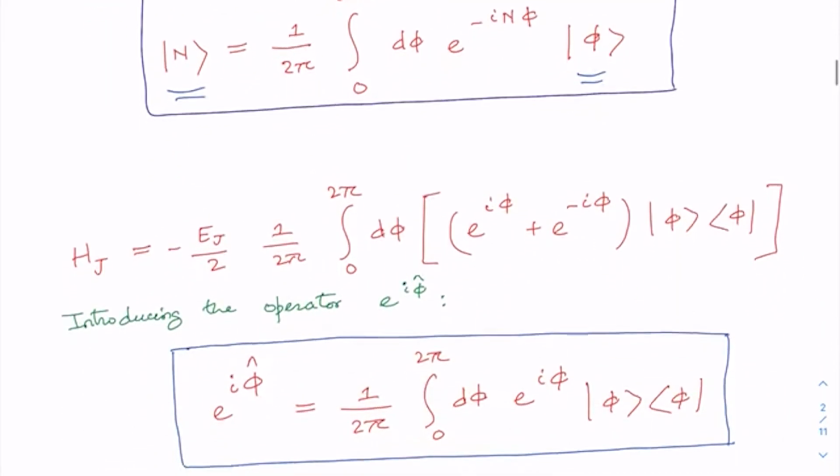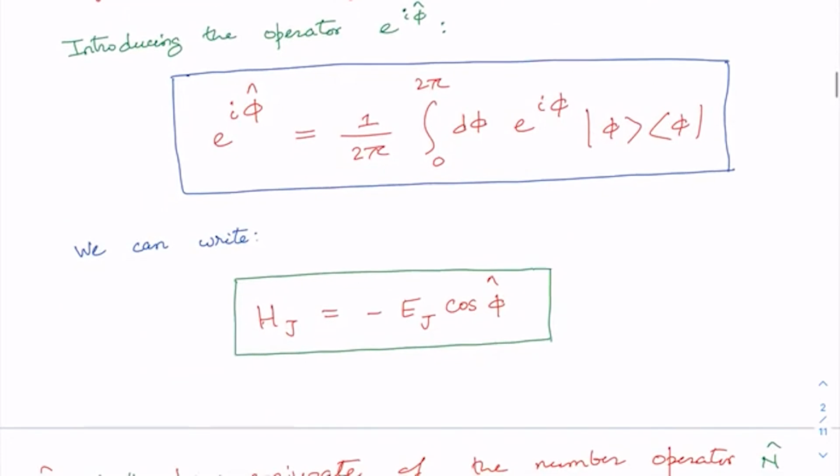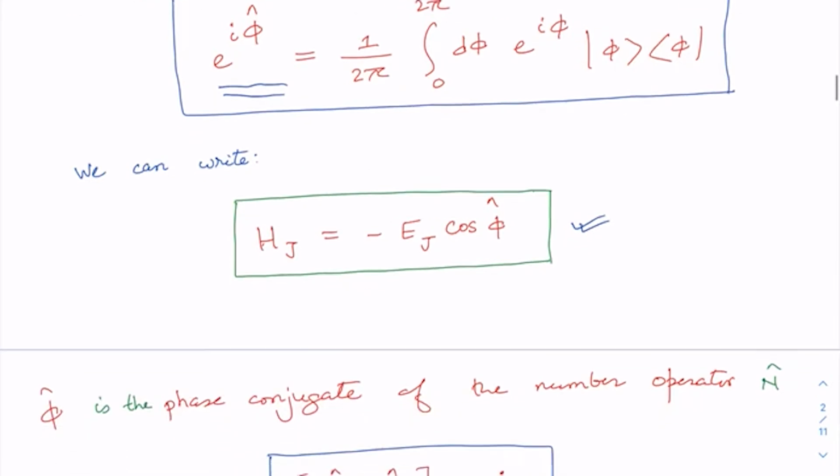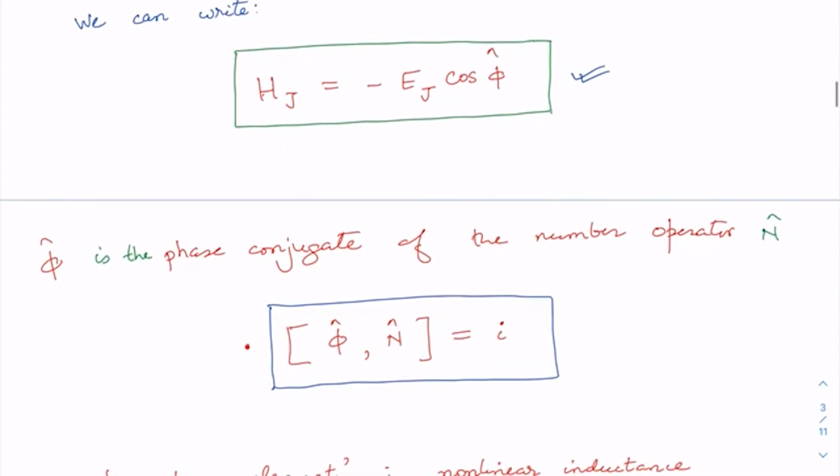Using all these things, if we define the operator e to the power i phi cap to have this particular form, then the Hamiltonian can be written in a very compact form, that is Hj is equal to minus Ej cos phi cap. Now phi cap is the phase conjugate of the number operator, so necessarily they satisfy this commutation relation.